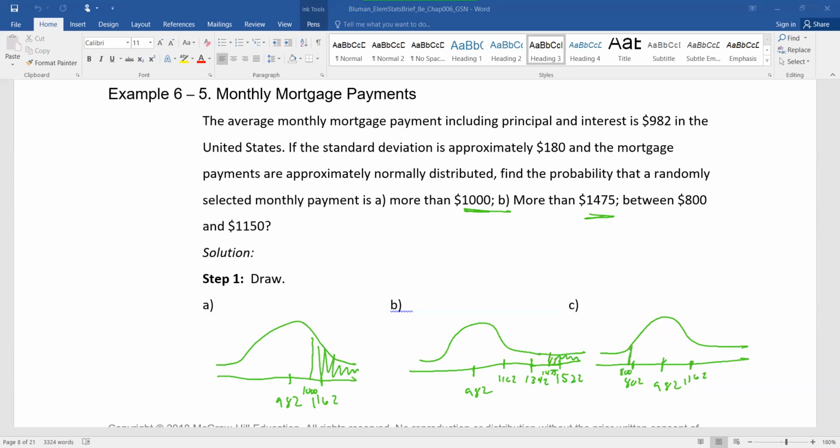And then 1150 will be almost on this one as well. And if I'm looking between these two things, where do I need to shade? The middle. All right, so this is about as accurate as I want to see. Right, I want to see the standard deviations written, the mean, and then where your markers are and the appropriate shading.